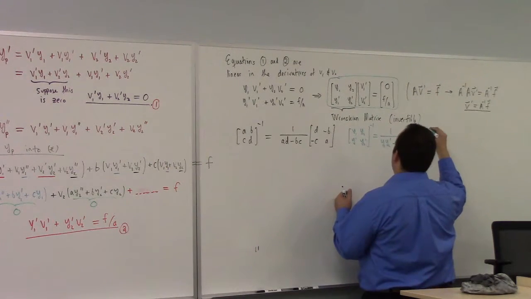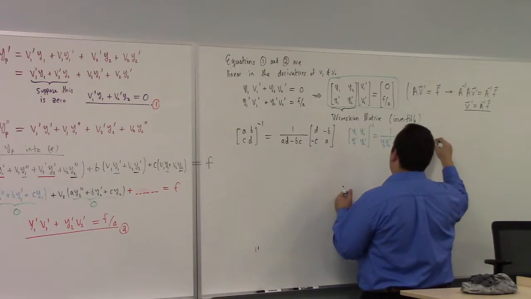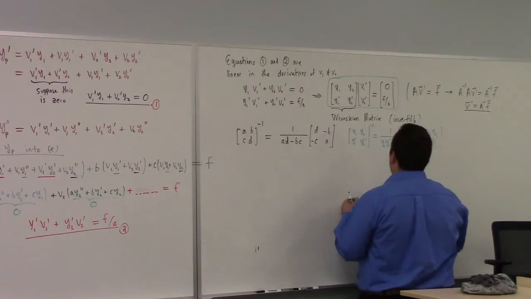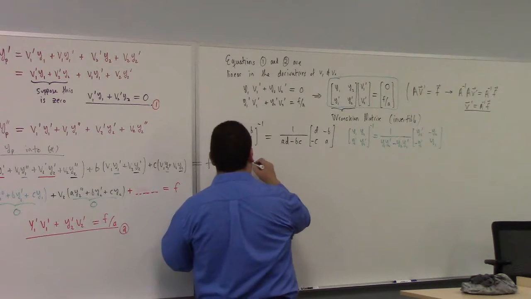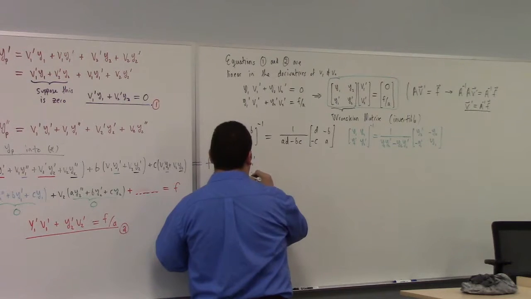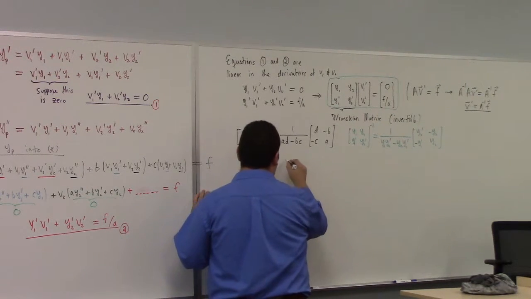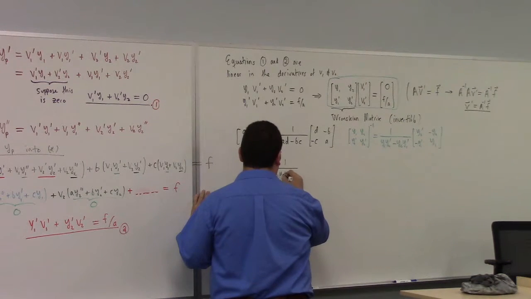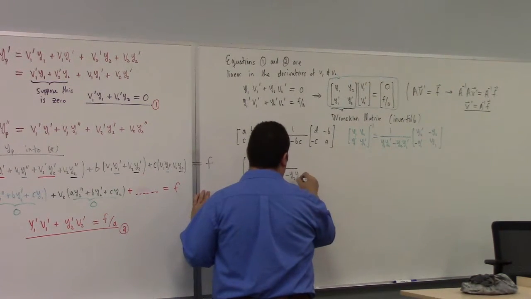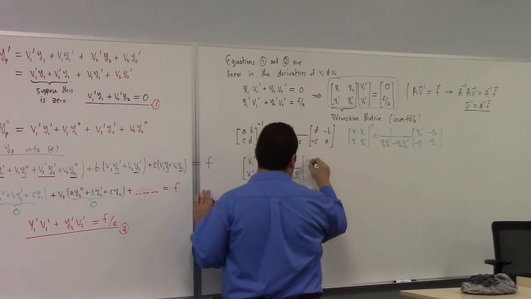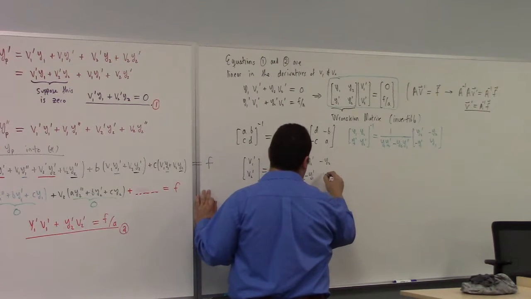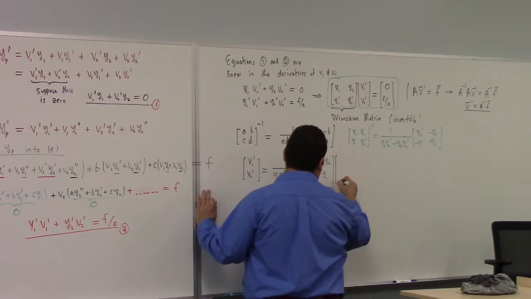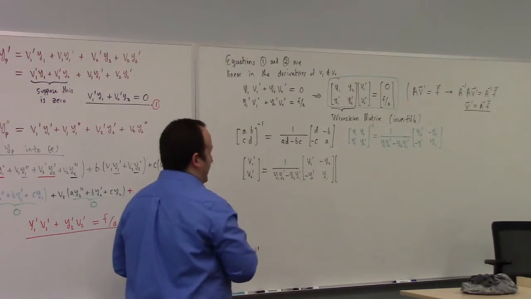And then y2 prime, y1, minus y2, minus y1 prime. So multiply both sides by that. That gives us that v1 prime, v2 prime is equal to 1 over the Wronskian, which is y1 y2 prime minus y2 y1 prime, times this matrix, y2 prime, minus y2, minus y1 prime, y1. So I'm going to multiply that by the vector 0 and f over a.